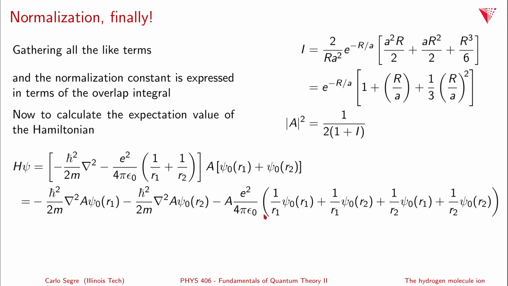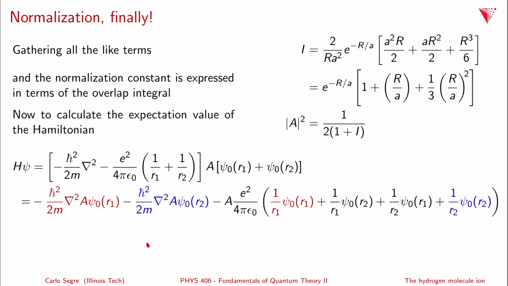And now we have four terms here, 1 over r1 times psi 0 of r1, plus 1 over r1 times psi 0 of r2, plus 1 over r2 times psi 0 of r1, plus 1 over r2 times psi 0 of r2. So you can see a pattern here. Here the two variables match, here they mismatch. Here they mismatch, and here they match, r2s in both cases.